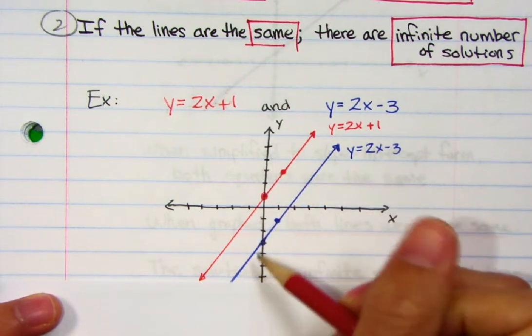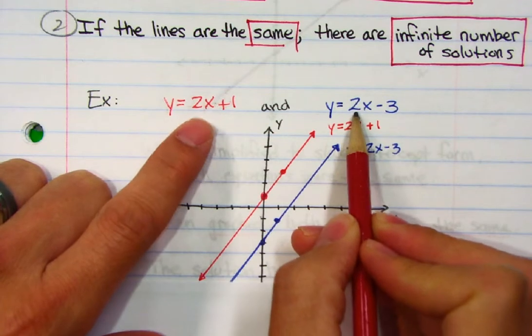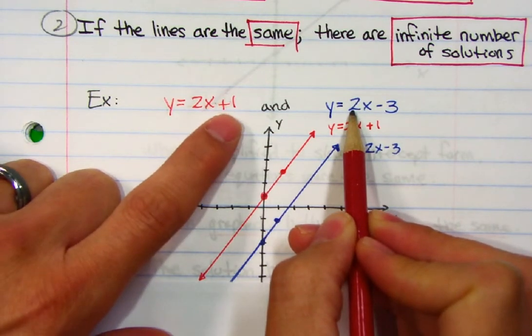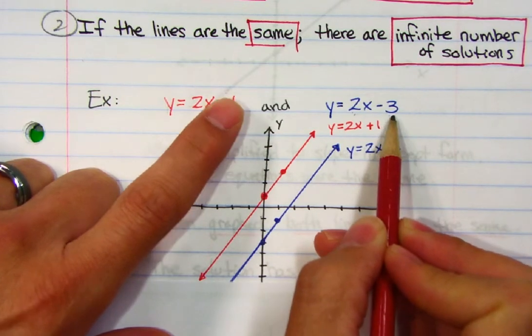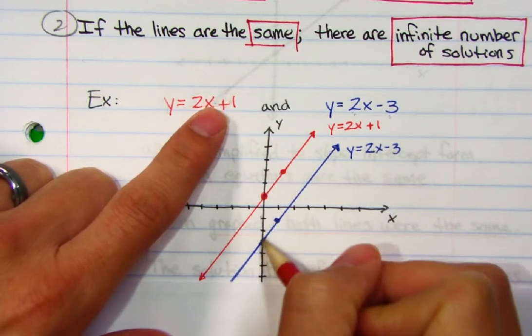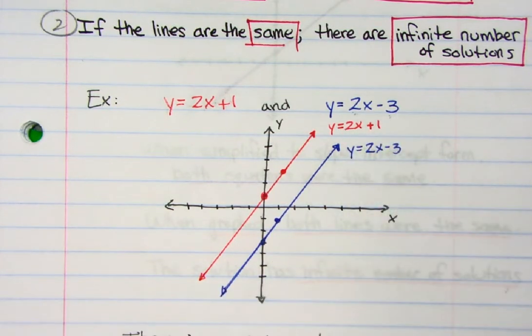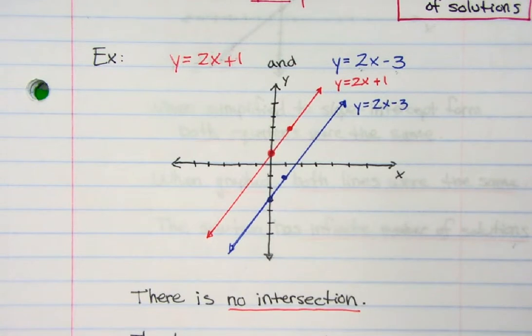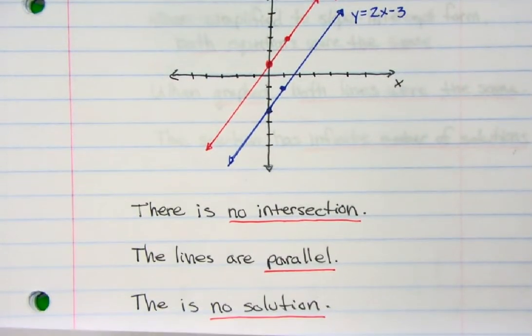The lines never cross, and both are saving $2 a day, so no one's gaining on the other. This person started with $1 versus this one owed $3, so there's always going to be a gap of $4 between them. So this one is a no solution. There's no intersection. The lines are parallel, so therefore there is no solution.